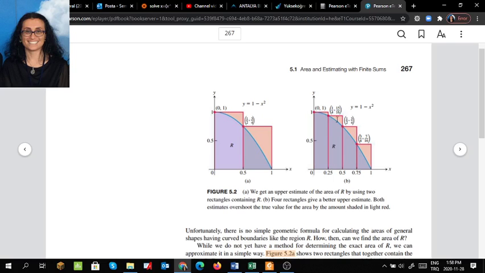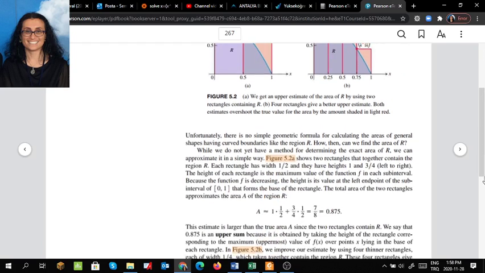As you see, we have less pink area here, which is the excess area, but on the left side the pink areas, the excess areas, are more. So if you have more and more rectangles when you're approximating, it is much better. So this is a rough idea.